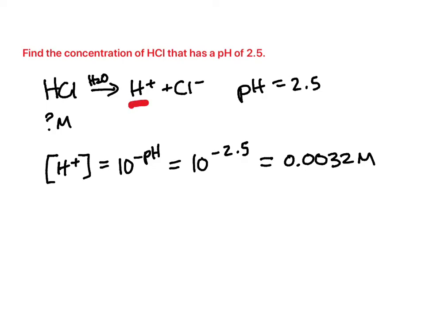But this is important to note. Because we have the same coefficient in front of HCl and hydrogen, their concentrations are going to match. So whatever the concentration of hydrogen ion is, which again is this number, that would also be the concentration of the HCl. So this is the answer to the question.